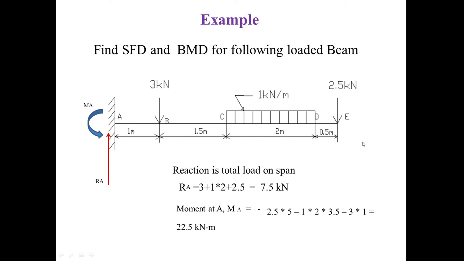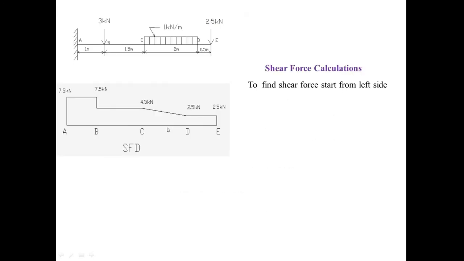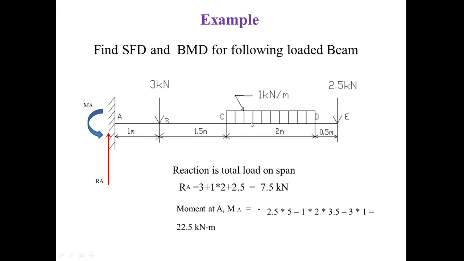So 2.5 into this particular distance, that is 5, plus 1 multiplied by 2, converting into a point load, multiplied by the center distance, 1 plus 1.5 plus 1, which is equal to 3.5, minus 3 into 1, so that comes as 22.5. So this is the reaction and this is the moment. We have to satisfy these two conditions whenever we are solving the problem.